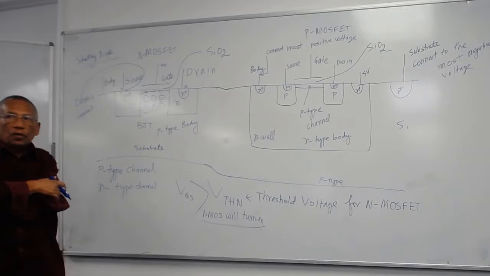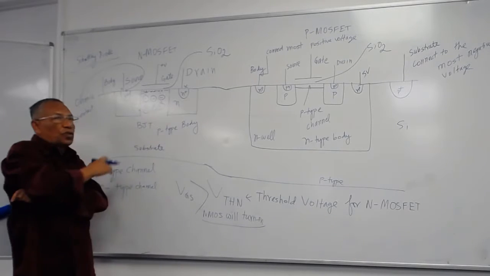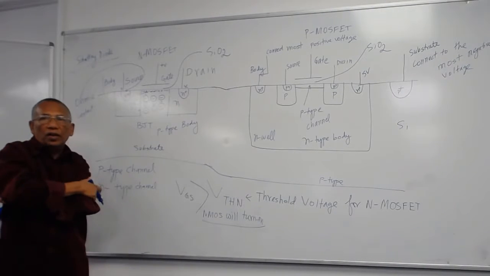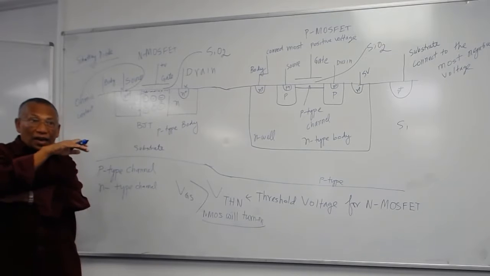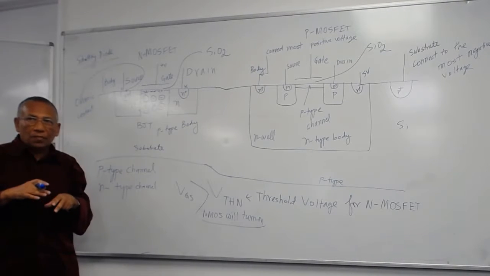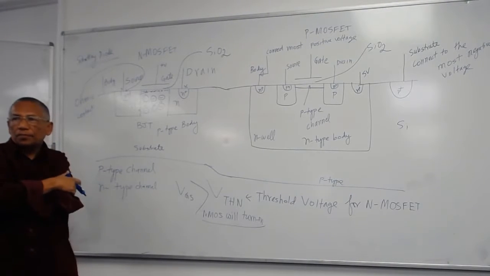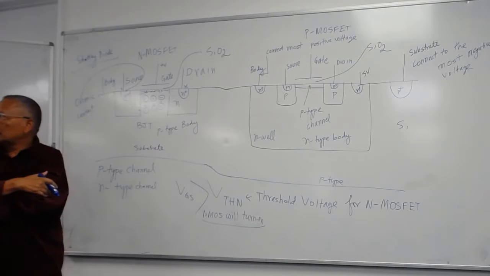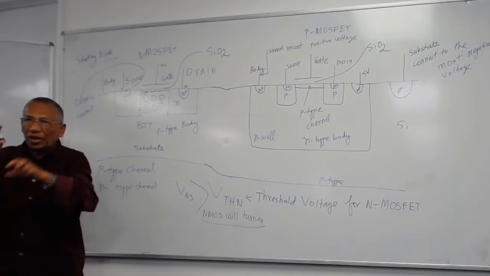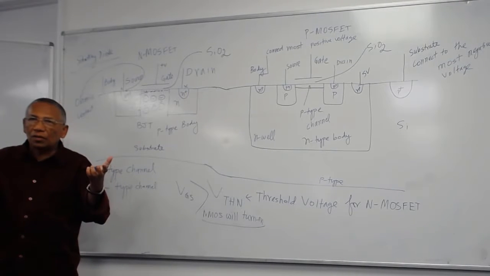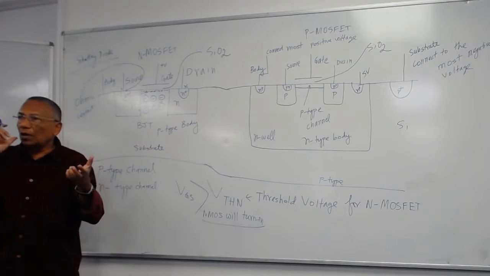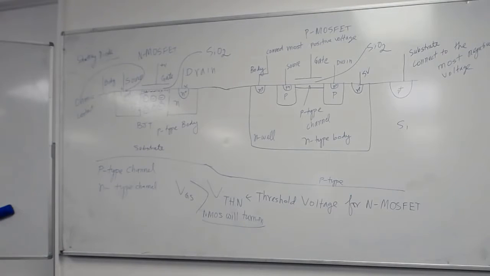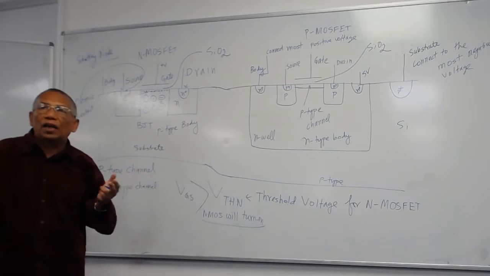So if you make the channel of electrons, will the current flow from the source to drain? You make the channel. Will the current flow immediately? No. Apply a voltage source. Exactly. So just creation of the channel is good.